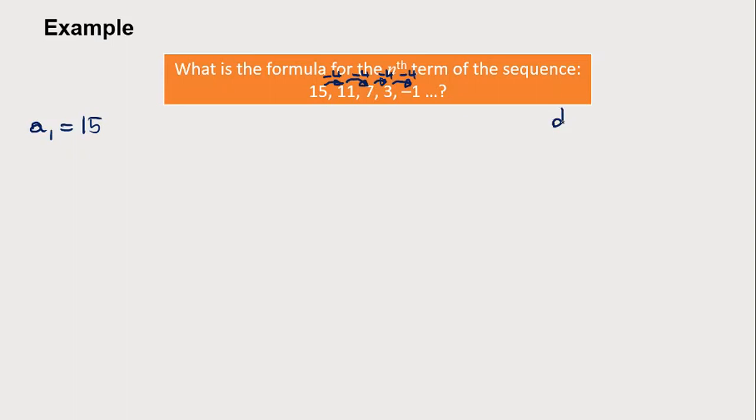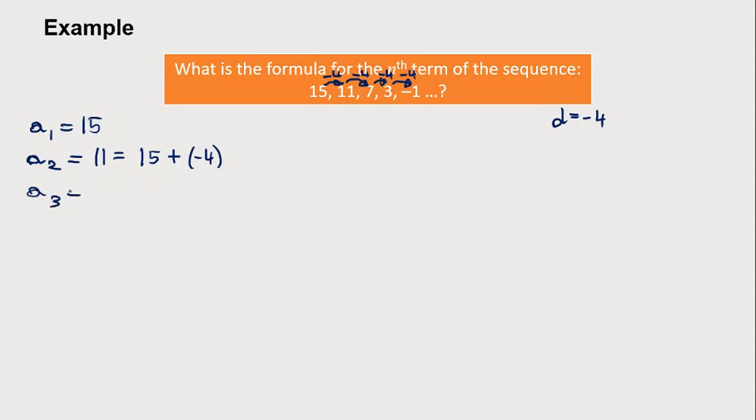The common difference, d, could be written as negative 4. What I need you to realize is happening for A2 is that we have 11, but 11 really is A1, which is 15, plus negative 4. So I'm adding one common difference to get my second term.